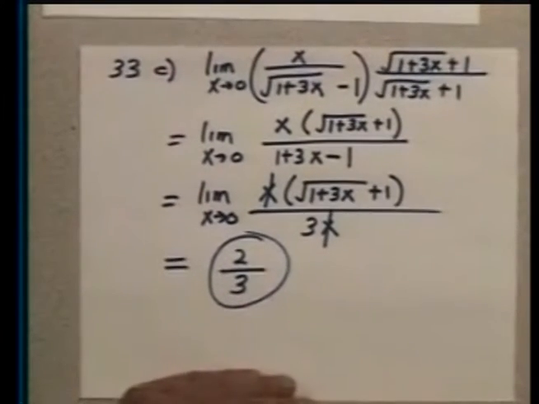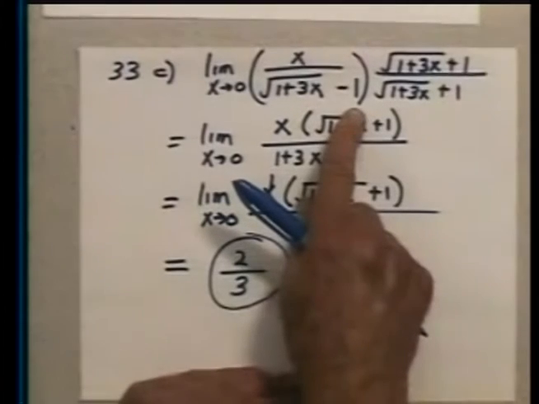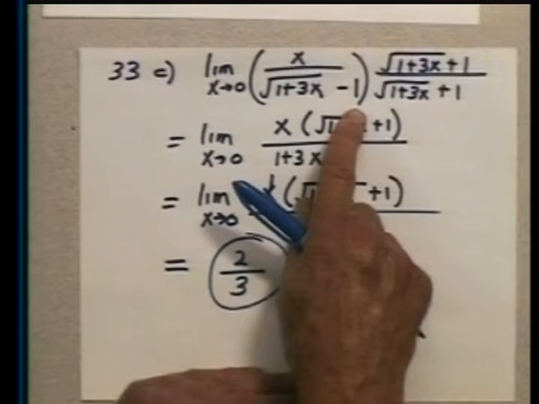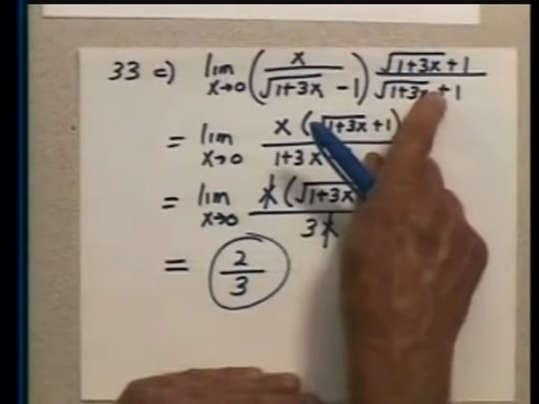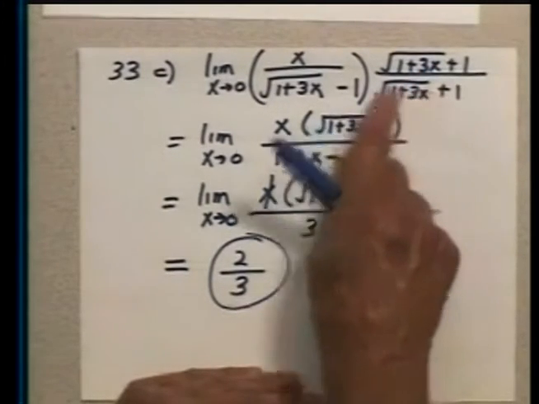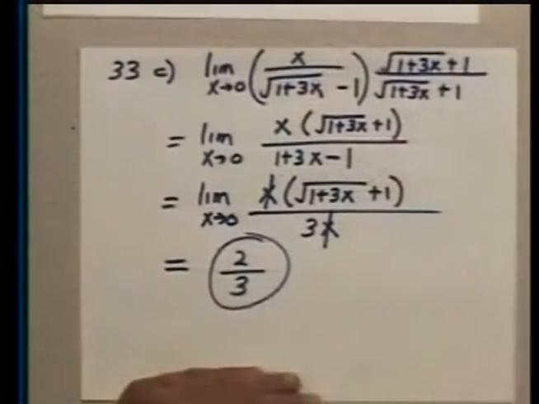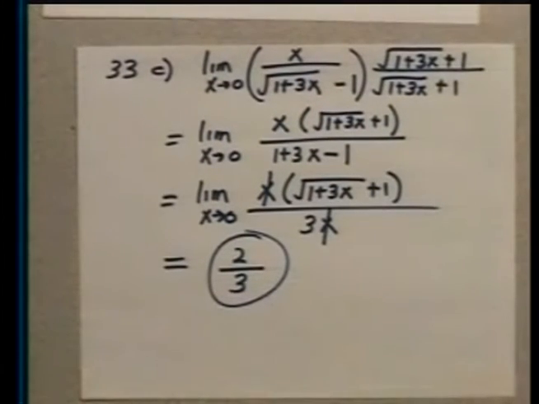So when you have a radical involved like this, what do you typically do? Multiply by the conjugate over itself. And we don't care if the radical's upstairs or downstairs, it's still the same technique.